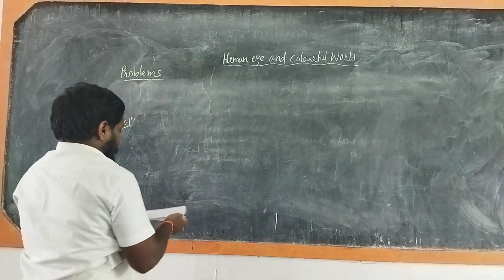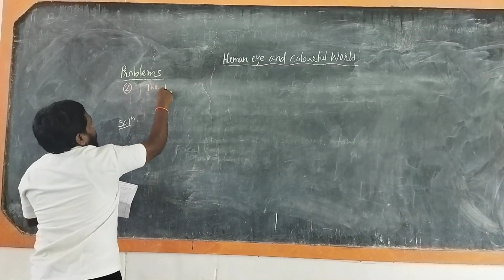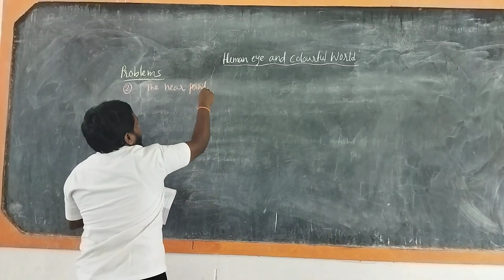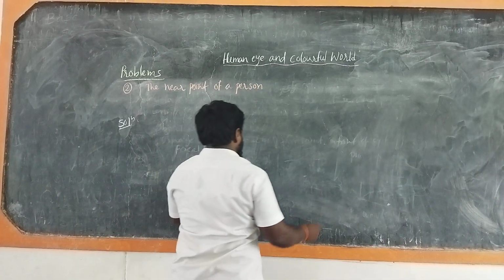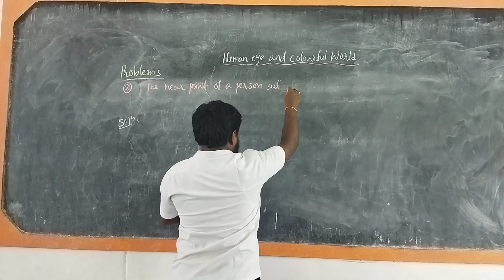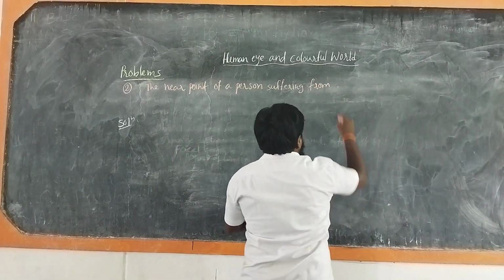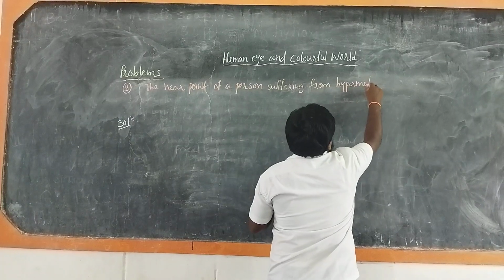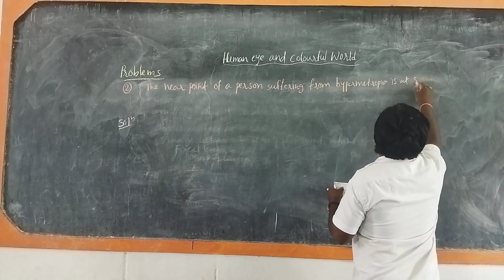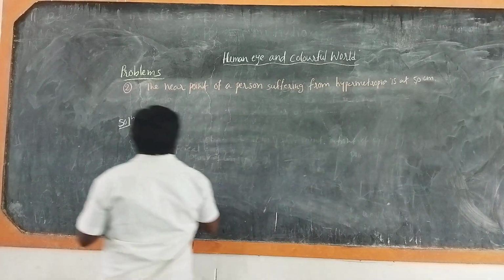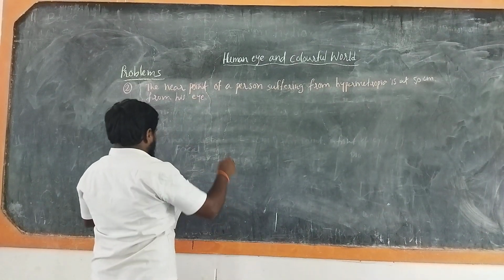Second problem. The near point of a person suffering from hypermetropia is at 50 centimeters from his eye.